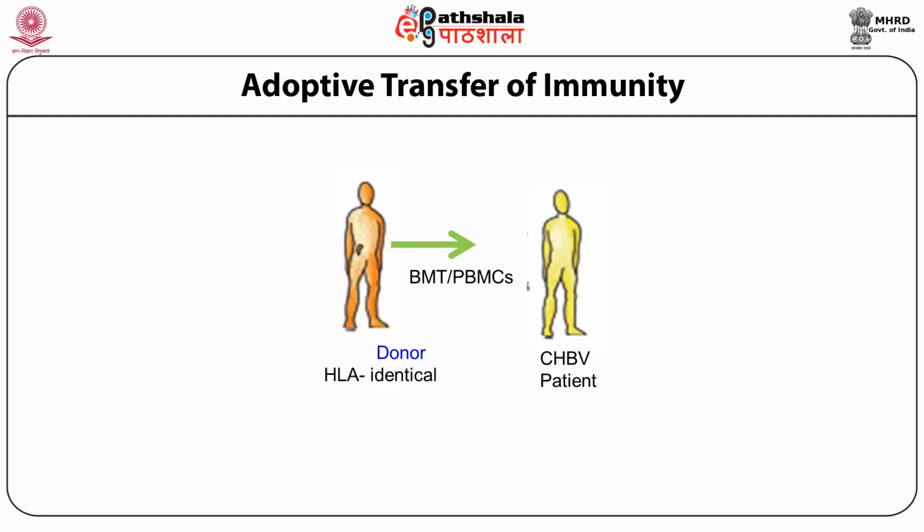We will isolate the total PBMCs from the whole blood and infuse them into the chronic hepatitis B patient. This is the total cell therapy and is called adoptive transfer of immunity.